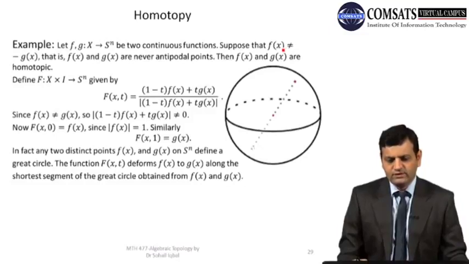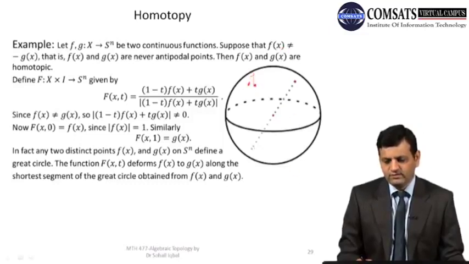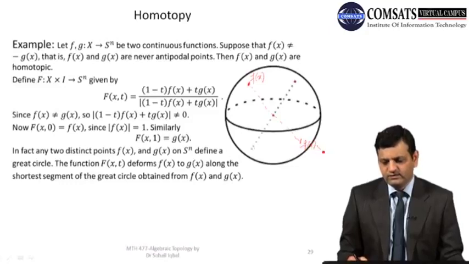In other words, if this is f(x), and its antipodal point, meaning its exactly opposite point on the sphere, is minus f(x), then this minus f(x) is not equal to g(x).